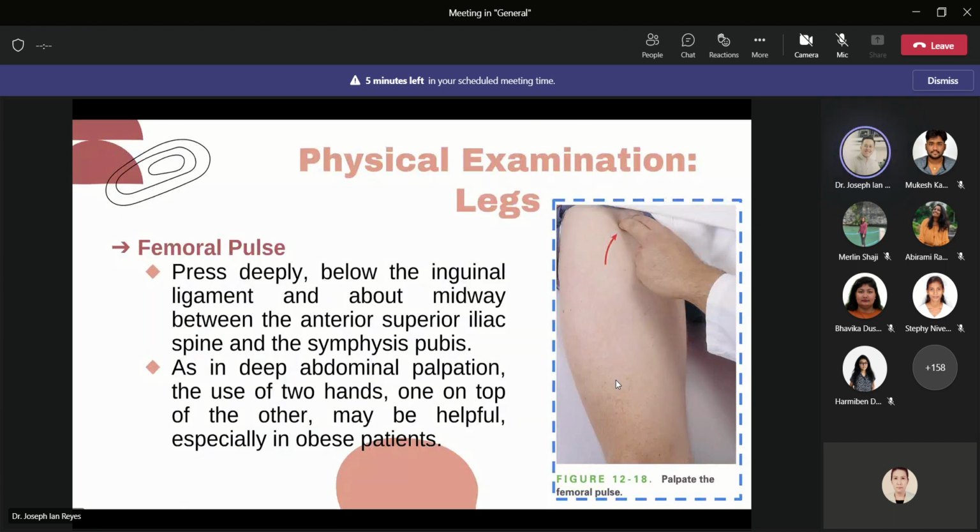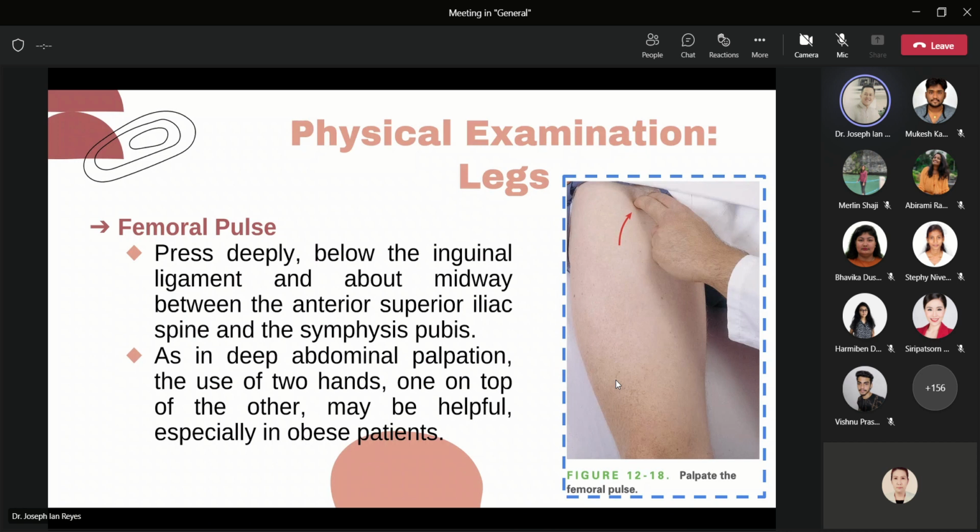But some patients would have a strong bounding pulse, so upon light palpation, you can already feel the femoral pulse. Okay, just make sure that it's the patient's pulse, not yours. Maybe when you do that, you think, okay, I can feel the pulse, but it is yours that you are feeling because you are anxious because it's your first time to do palpation in a very pretty patient.